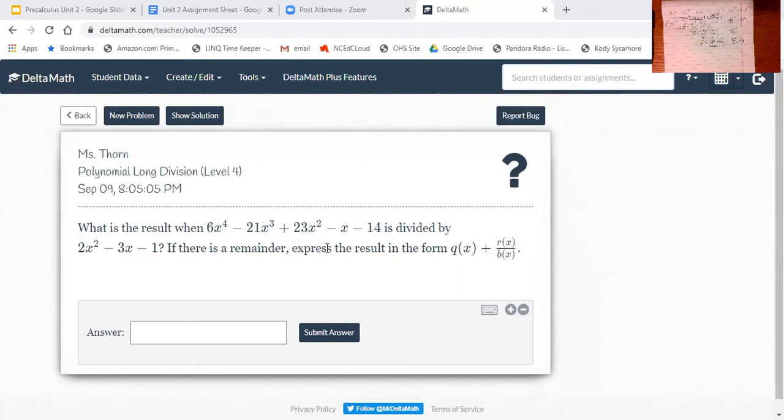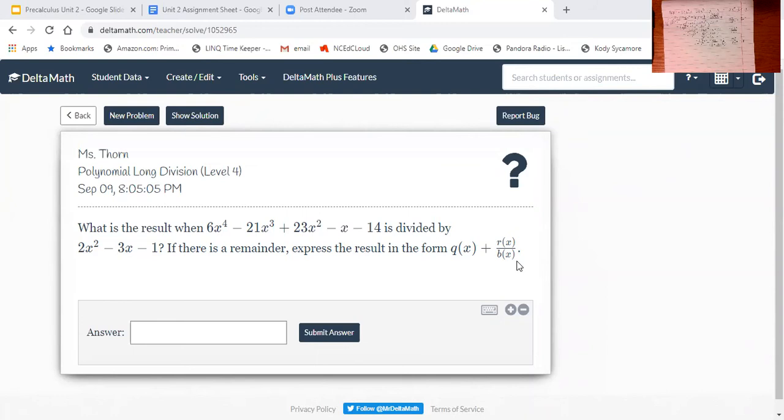If there is a remainder, express the result in the form q of x plus r of x over b of x. Q of x is just the quotient, so that's where our 3x squared was. r of x is the remainder, and b of x is just going to be your divisor. So that's how we wrote our answer. That's how a lot of questions will ask you to write your answer.